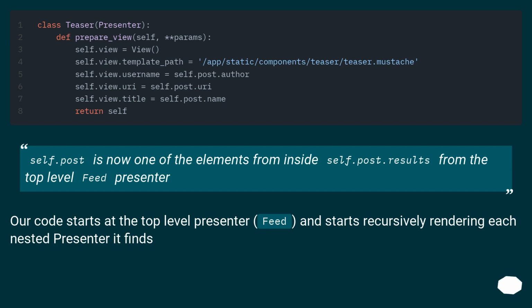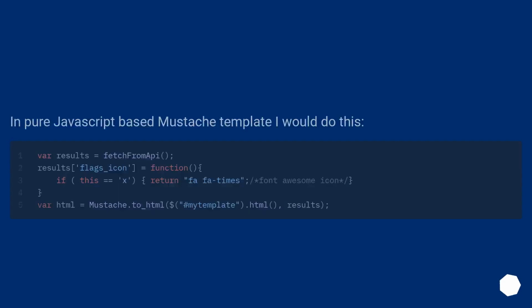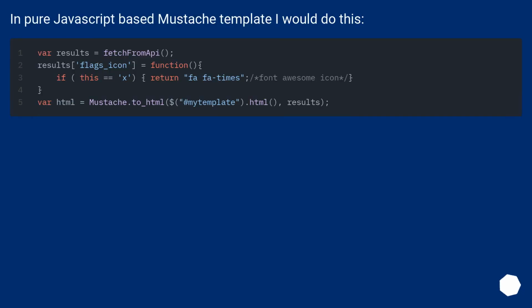Self.post is now one of the elements from inside self.post.results from the top-level feed presenter. Our code starts at the top-level presenter, feed, and starts recursively rendering each nested presenter it finds. In a pure JavaScript-based mustache template I would do this.